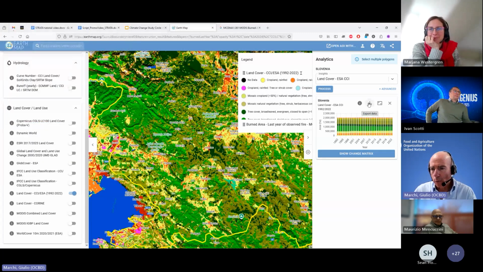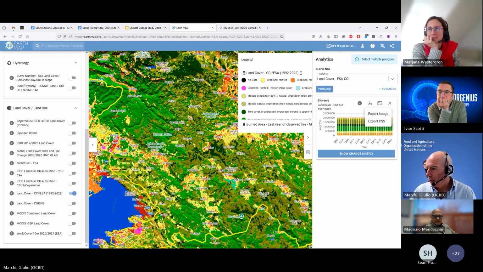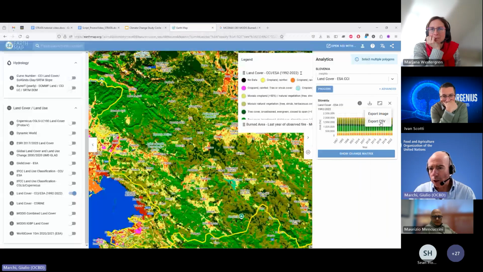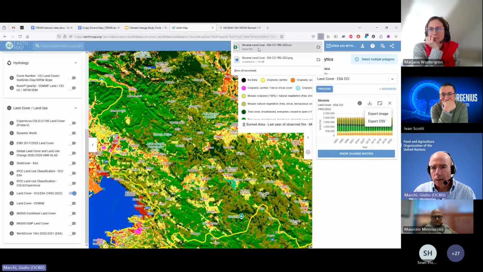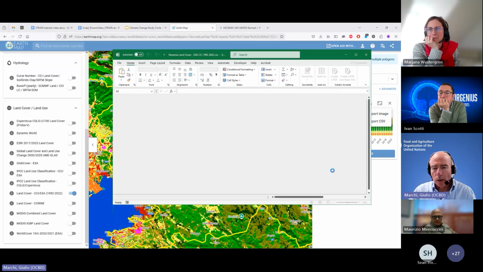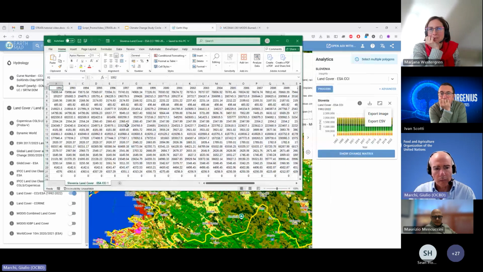So you can, for example, download the image of the chart for possible reuse, with all the legend, but especially you can download it as CSV. And once you open the CSV, of course, you can further elaborate, massage, and chart these numbers as you wish.